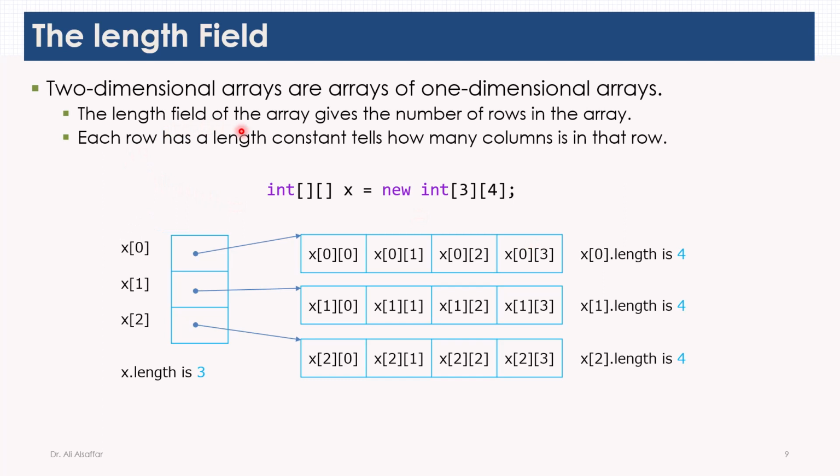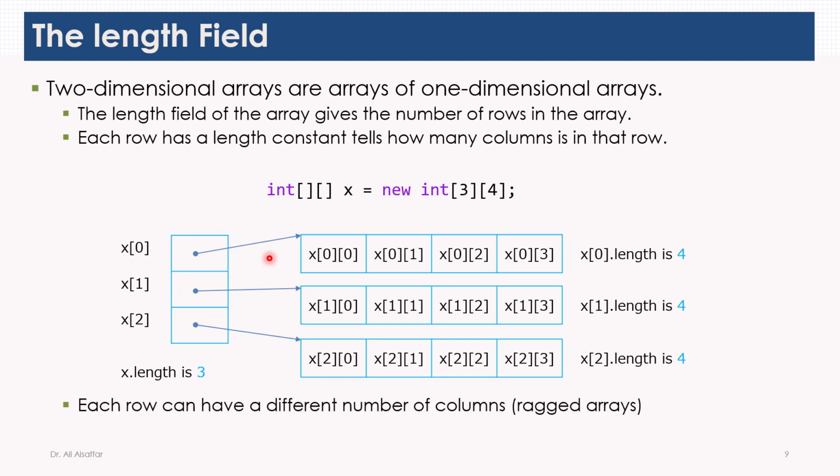Finally, since two-dimensional arrays are arrays of one-dimensional arrays, and each index variable of the first array is pointing to another array, it is not guaranteed that each index variable of the first array is pointing to a one-dimensional array of the same size. Therefore, each row can have a different number of columns, and we will have an example of such two-dimensional arrays, which are called ragged arrays.